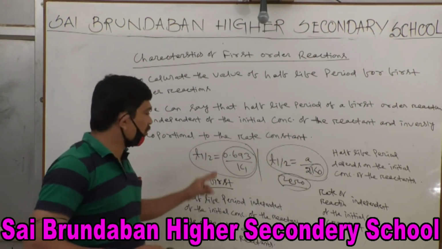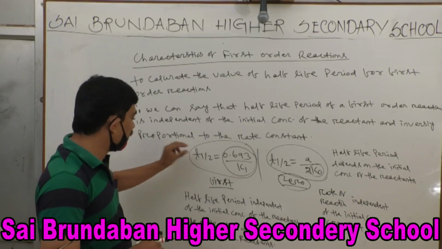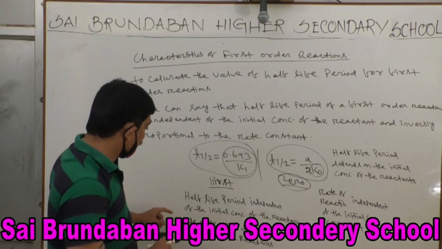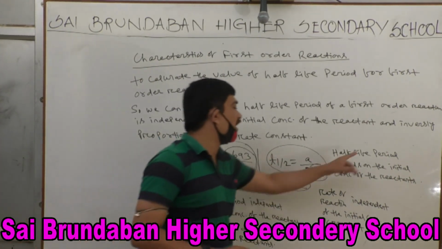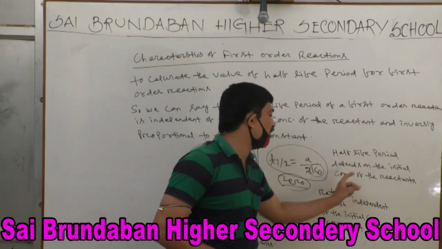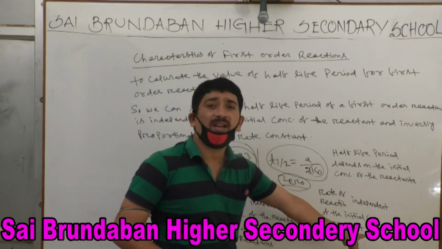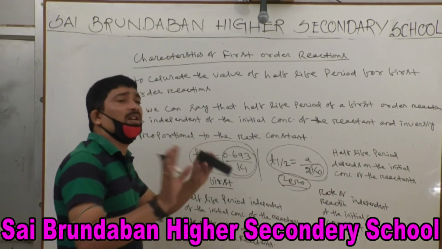These are the contrasting characteristics between zero order and first order. For first order, half-life period is independent of the initial concentration, but rate of reaction depends upon it. But for zero order, half-life period depends on the initial concentration of the reactant, but rate of reaction is independent of it. So these are the contrasting characteristics of zero order and first order.